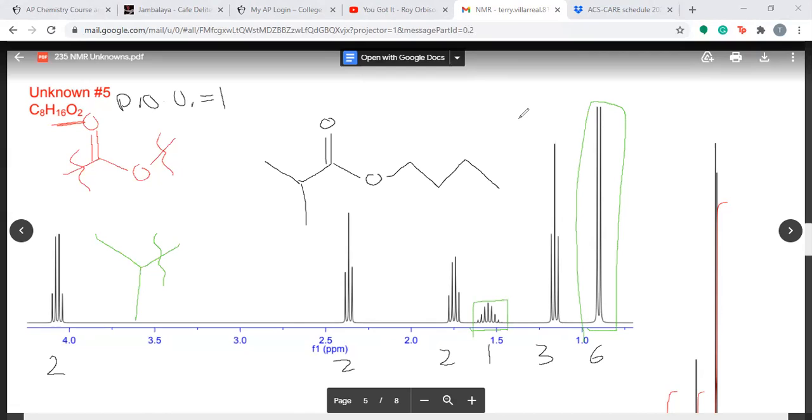Now, what type of functional group is this going to be? When I see an integration of 3, what type of group should I think of?